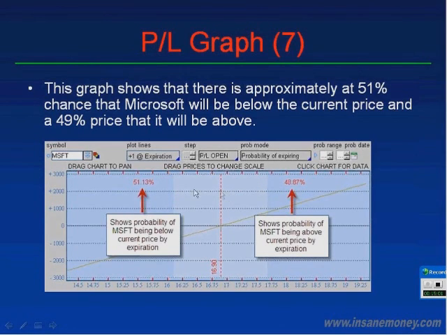All things being equal, it should really be 50-50. So notice this is 49 and 51, or 51 and 49. So again, that's approximate. And this probability is for the price being below by expiration, expiration being the third Friday of April.